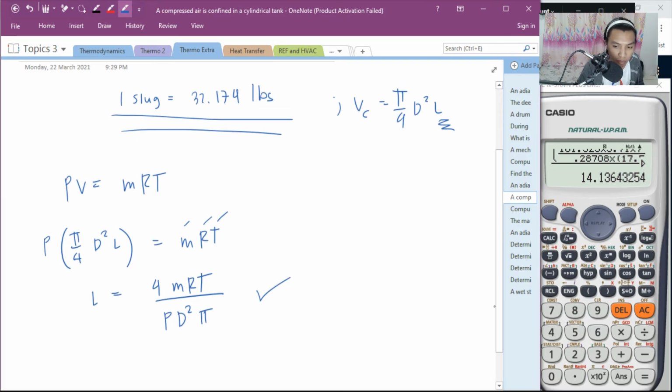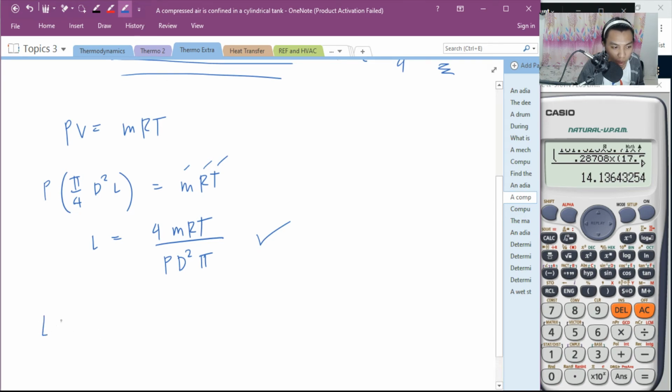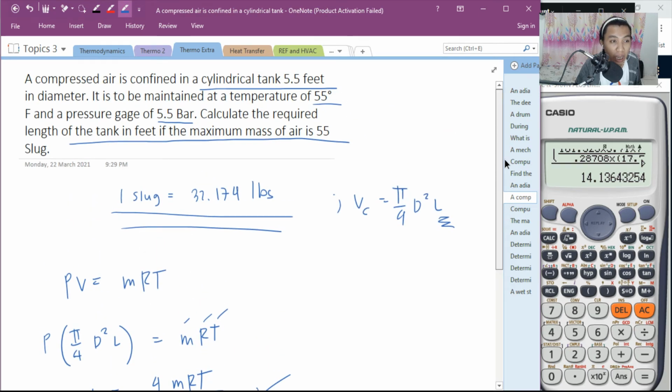So, L equals 4, the mass is 55 slugs, multiplied by 1 slug over 32.174 pounds. This is compressed air.